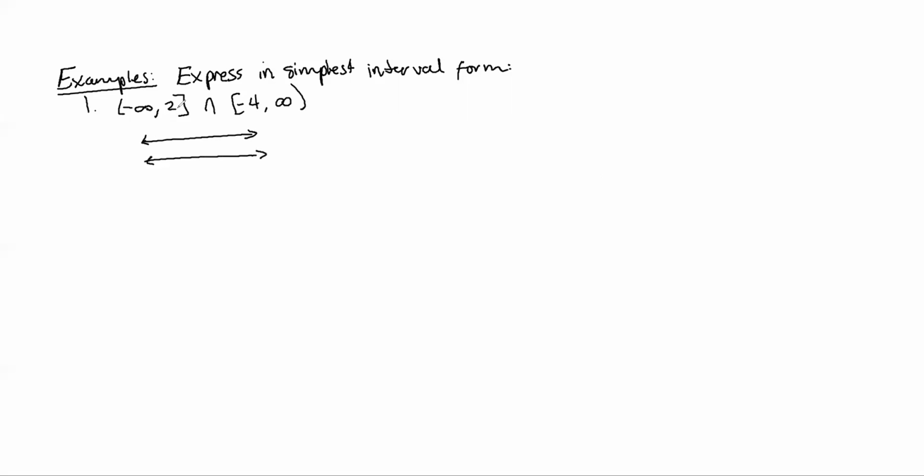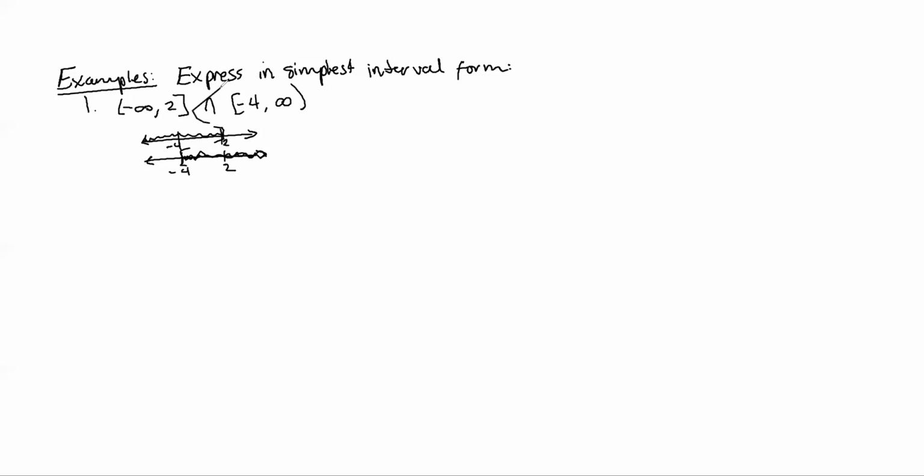I'm going to put our two numbers on, so negative 4 and 2. And if you don't like graphing, you don't have to do this. You can kind of look at them and see the intersection. This first interval goes from negative infinity to 2 with a bracket. The second interval goes from negative 4 to positive infinity. So that's that whole thing, bracket at negative 4.